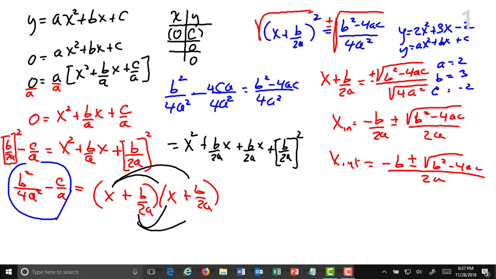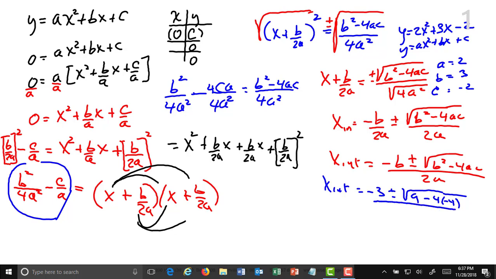So I can put it in. The x-intercepts will be equal to minus b, which is minus 3, right? Plus and minus the square root of b squared, which is 9, minus 4 times a, which is 2, and c is minus 2, so this is going to be times minus 2.